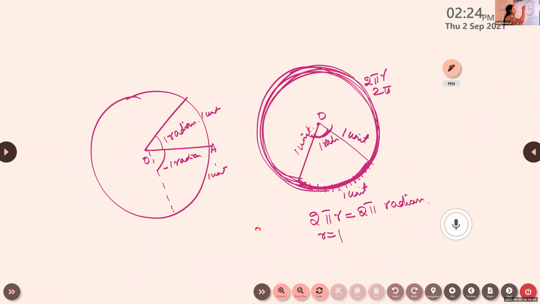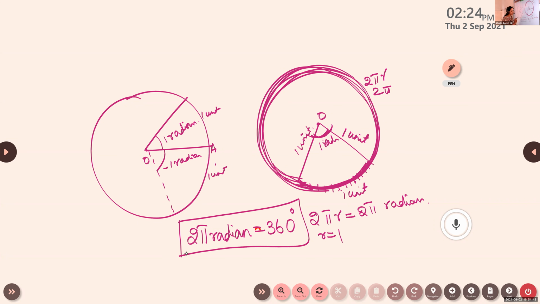So an arc length of 2 pi will form an angle of 2 pi radians. That means 2 pi radians will be the same as, as we learned earlier, one full revolution, which is 360 degrees. So this is the relation between degrees and radians. 2 pi radians is the same as 360 degrees.